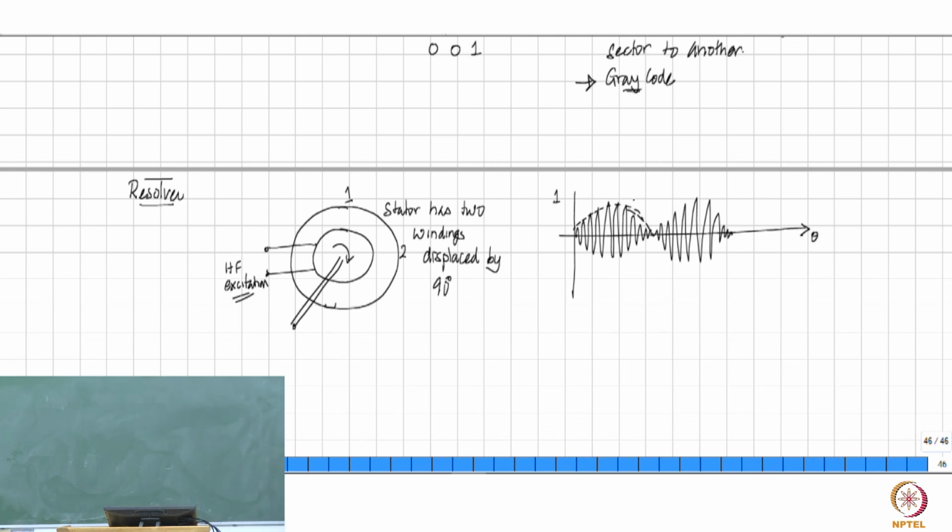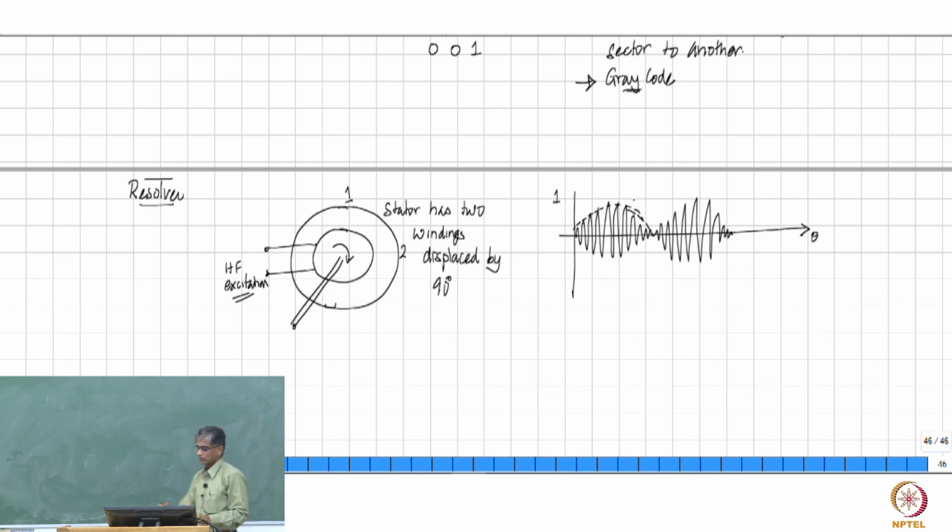So if this high frequency excitation is going to lie along the same axis of 1, then the induced EMF will be highest. As it is going to rotate further, then the linkage due to this high frequency excitation at 1 will decrease, and because of that there will be an envelope for the high frequency induced EMF.